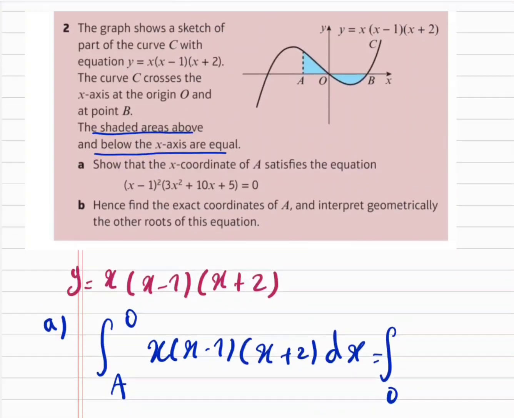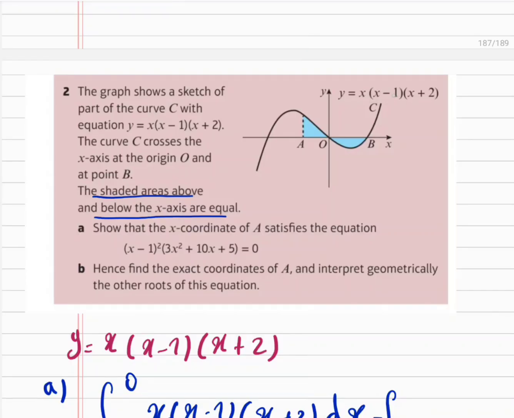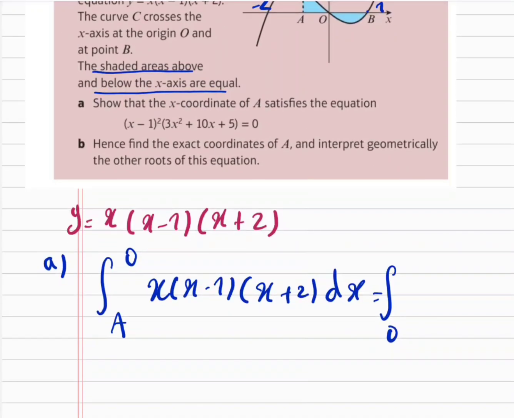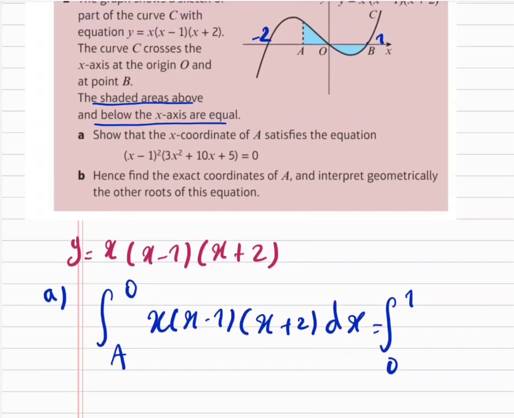If you look at the roots of the equation, one of the roots is 1, one is 0, and the last one is minus 2. So minus 2 is here, and b has x coordinate 1. This is the integral for b, and the function itself is the same.